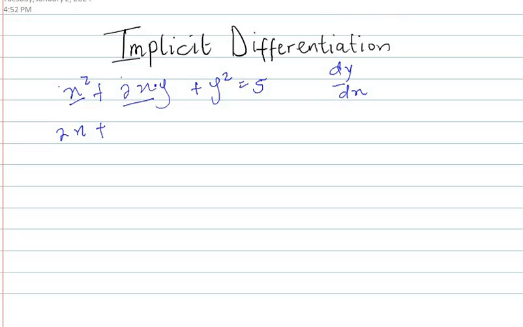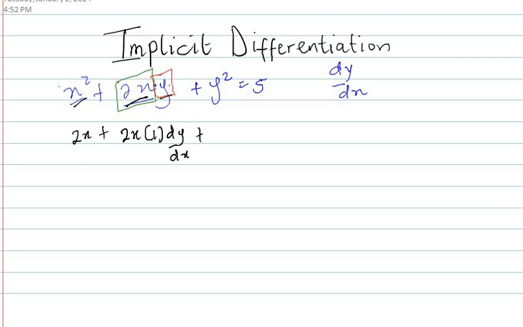So let's say we take this to be one part, and this to be the other part. From here, the derivative of x² is 2x, and then plus, we take 2x to be constant, so the derivative of y is 1, and then we add dy/dx since it is y.